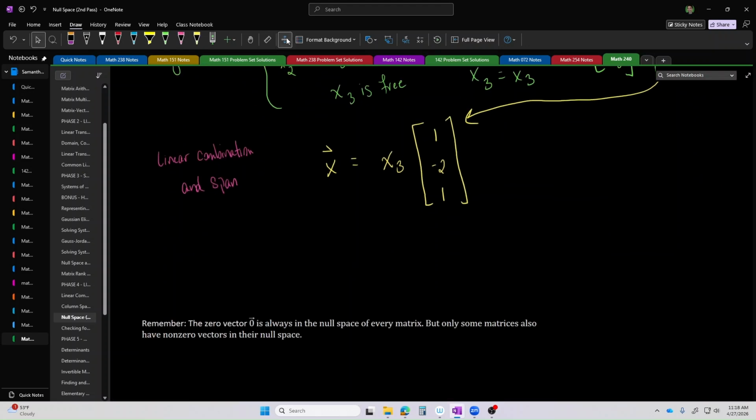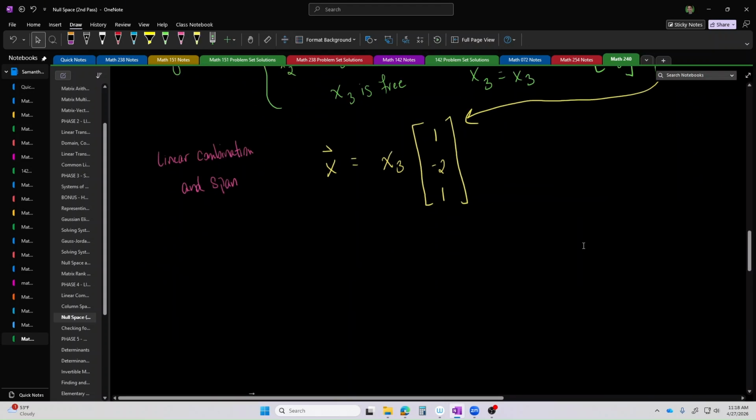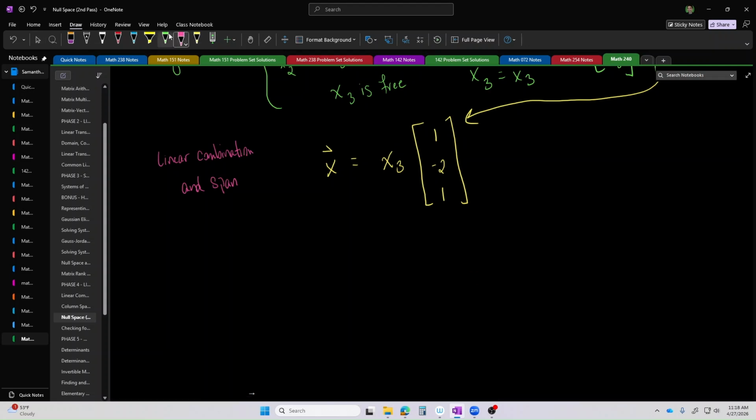So any vector in the null space must have this form, some number times the vector 1, negative 2, 1, which means that the null space of this particular matrix can be understood as the span of this vector.